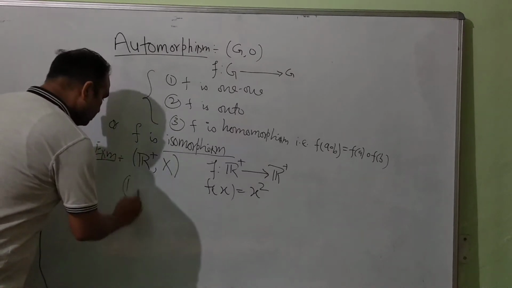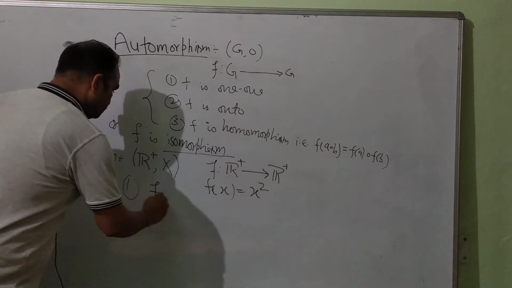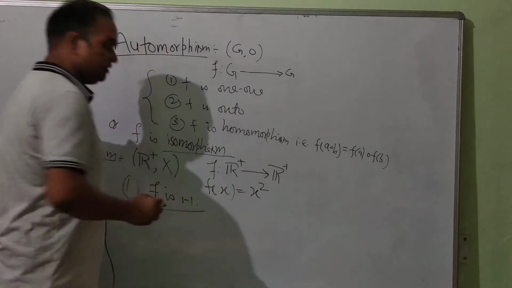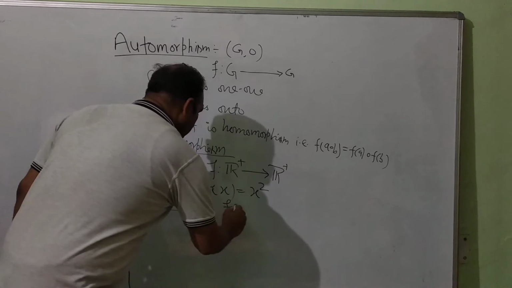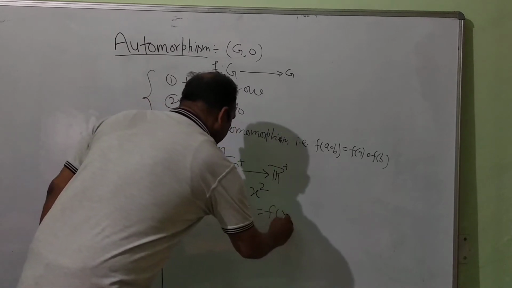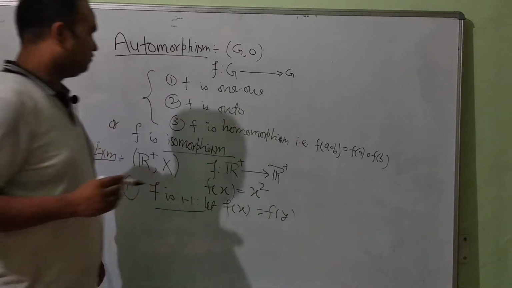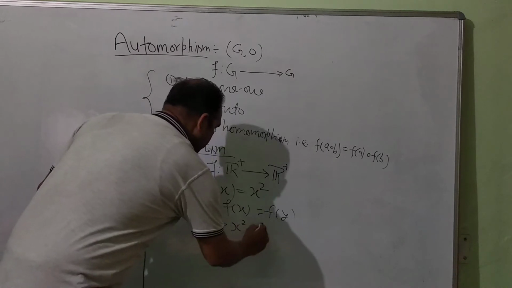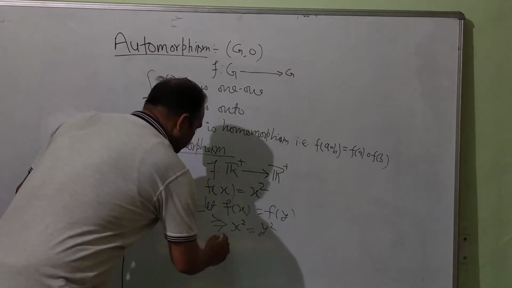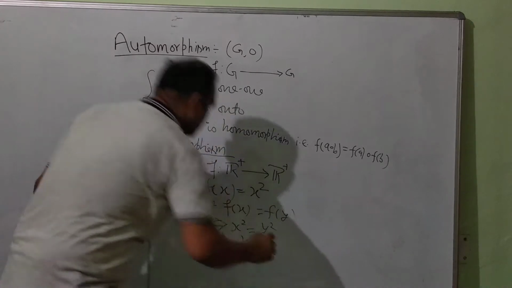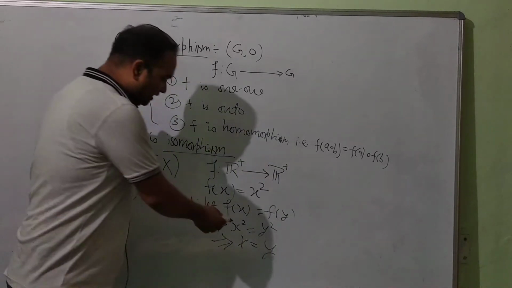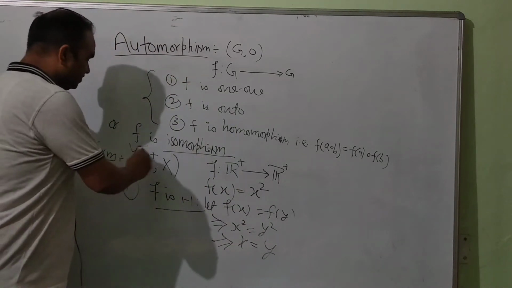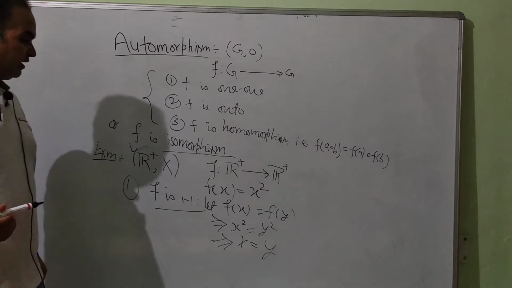Now to check that this is an automorphism, we will check first that f is 1-1. 1-1 means if we let f of x be equal to f of y for x and y belongs to G, then this implies x square is equal to y square, and this implies x equals y. Notice that x square equal to y square implies x equal to y is possible only when this is the set of positive real numbers.